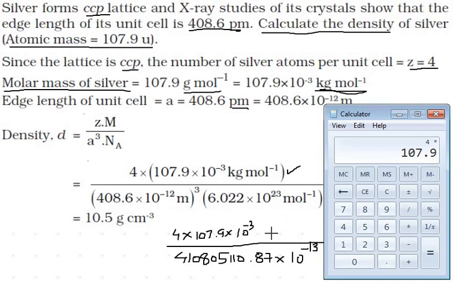Plus 13 minus 3 becomes 10 to the power plus 10. Later we can use that 10 to the power plus 10. For now we are dividing this with this large value, 410805110.87, into 10 to the power 10.